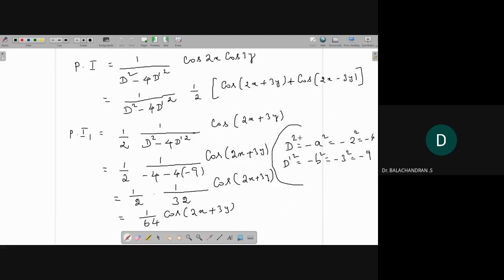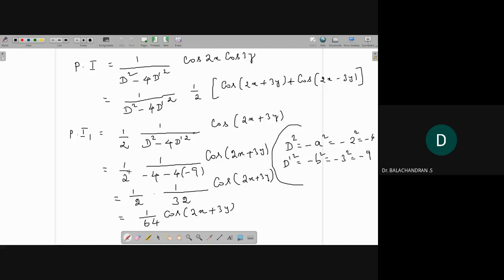Now you should replace D square by minus a square, where a is here 2, so replace D square by minus 4. Similarly, D dash square equal to minus b square, where b is 3, so minus 3 square is minus 9.